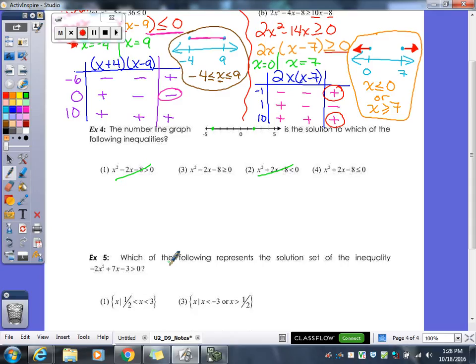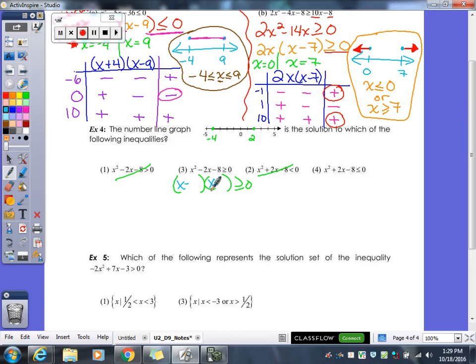What are our two critical values here? The first circle is on -4. What's the next circle on? All right, so let's check this. Let's factor number 3 here. What would number 3 factor into?